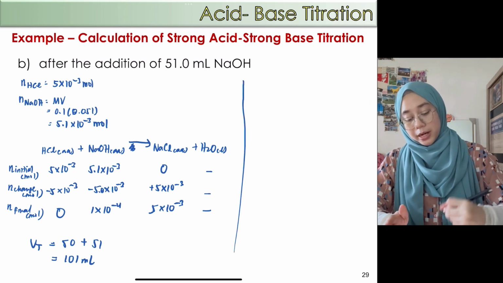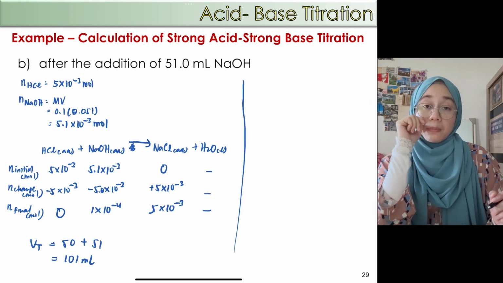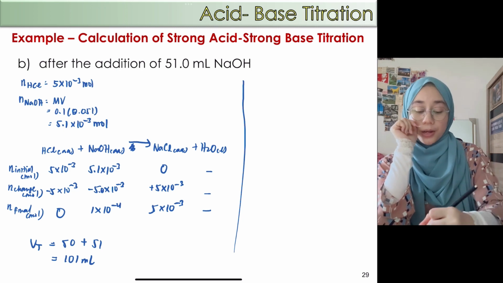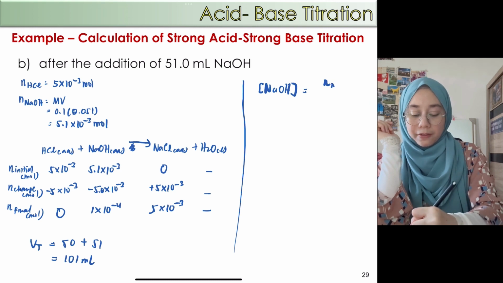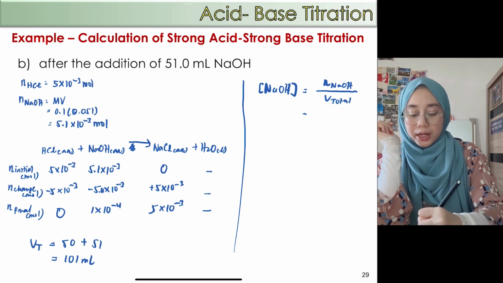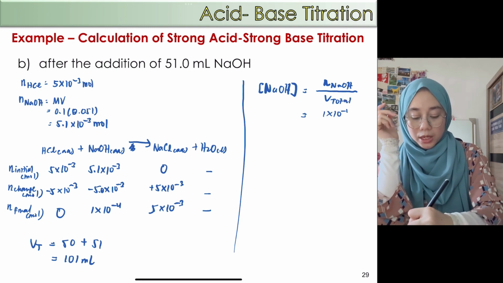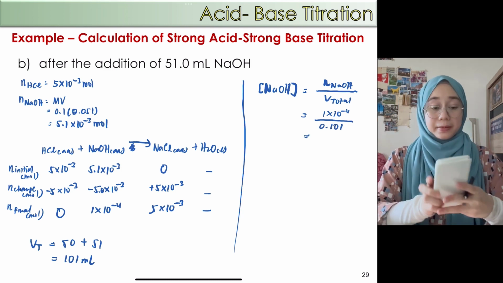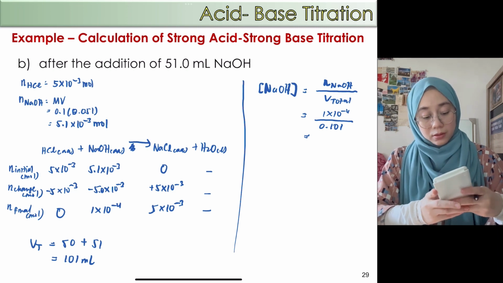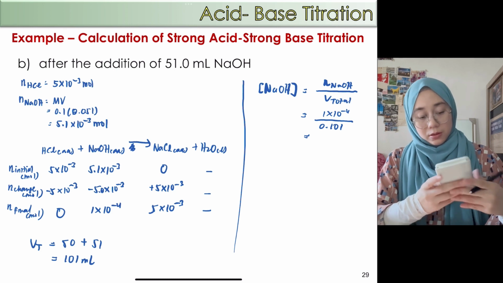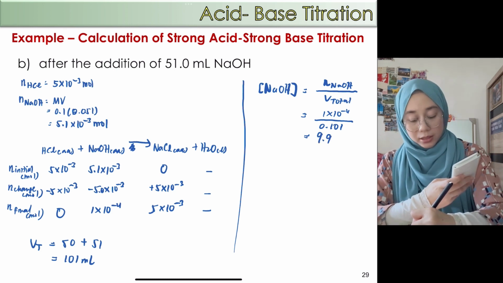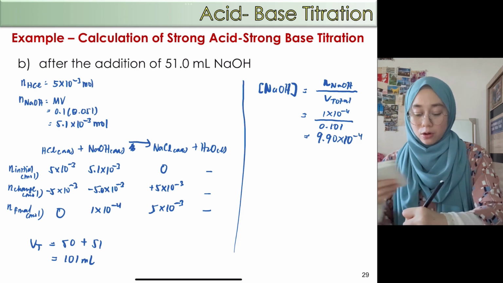Okay, so for the next part we have to find the concentration. Which one now? The concentration of NaOH, because we have the moles of NaOH. So moles of NaOH divided by the total volume. So we will get 1 exponent negative 4 divided by 0.101, and we will get 9.90 exponent negative 4 molar, class.